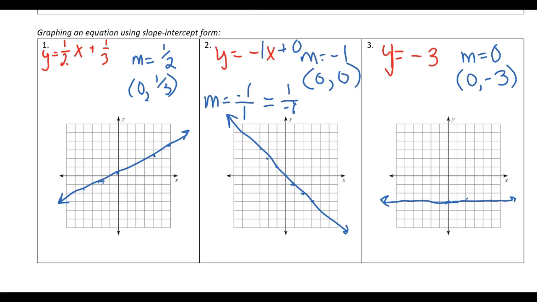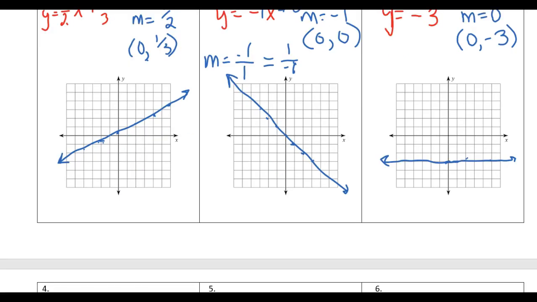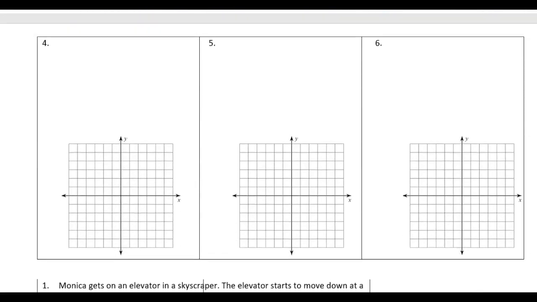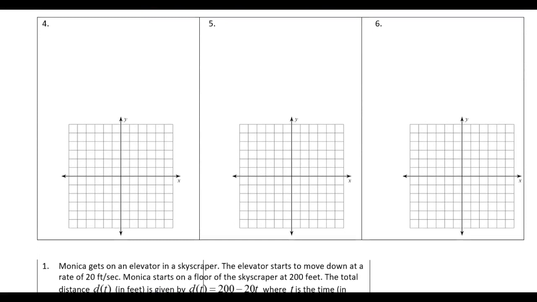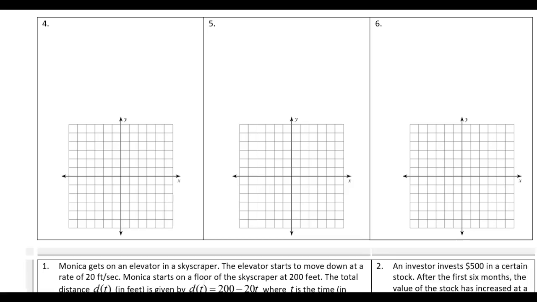Okay, let's move to the back page. All right, now these examples, we're going to start with 8x plus 4y equals 10.